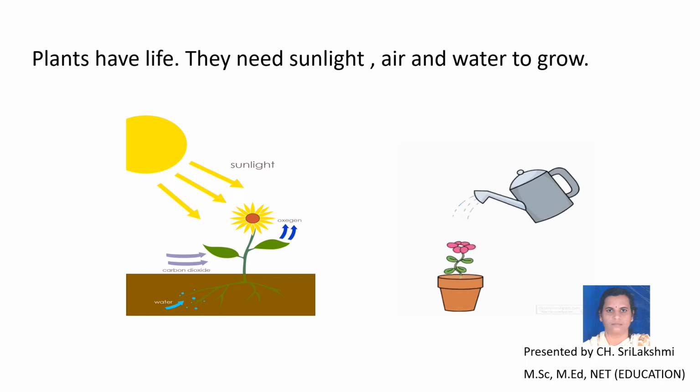No. If we are keeping it in a place where there is no air, completely closed, does the plant grow? No. Similarly, if we don't water the plants, they don't grow. So we can say that plants have life, that is, they need sunlight, air and water to grow.